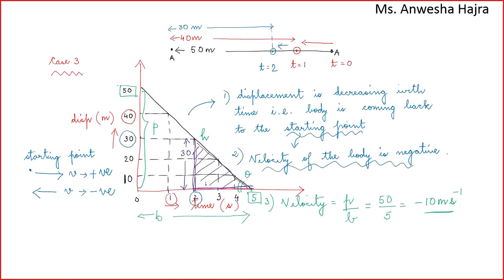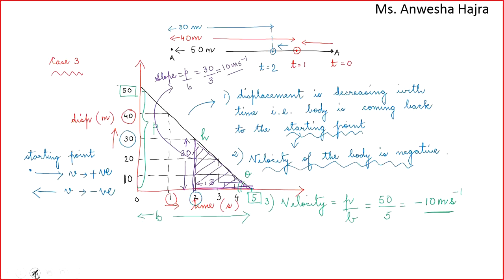So this is 1 second, 1 second, 1 second. So total is 3. So for this triangle, my slope is perpendicular by base. Perpendicular is 30. Base is 3. So this is 10. It will come the same, children.